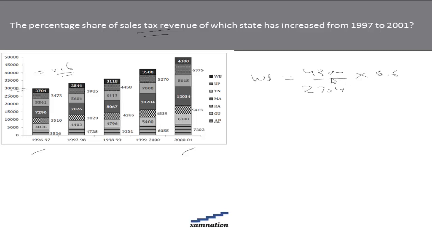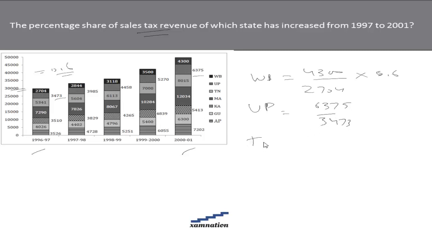Okay. So now similarly we can find out for the other states also. For UP, the percentage change is like 63,675, and here it is 3473.